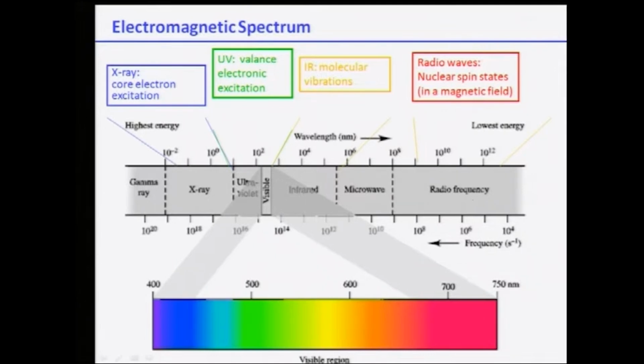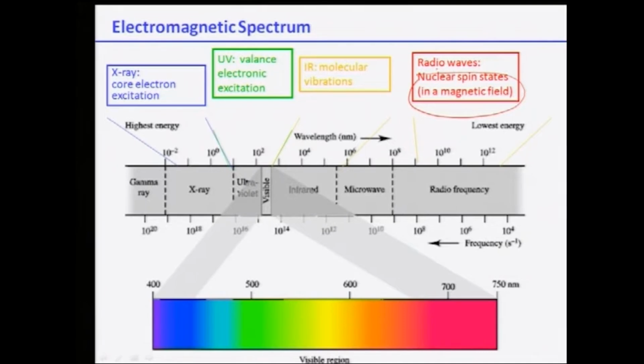So if this is the electromagnetic spectrum, we can utilize different parts of the spectrum for spectroscopy analysis, starting from radio waves which are used for nuclear spin state measurements like NMR studies, nuclear magnetic resonance. Then we have IR, which can be used for understanding the molecular vibrations.